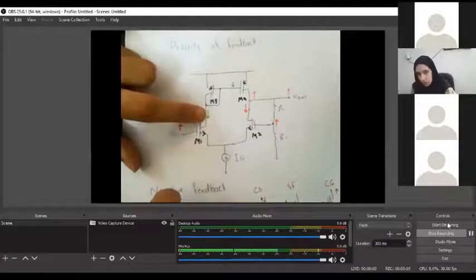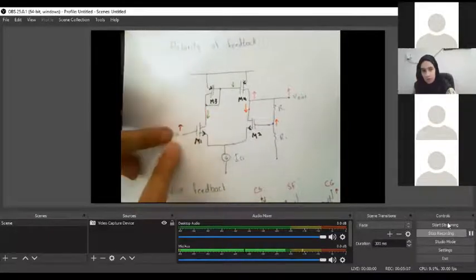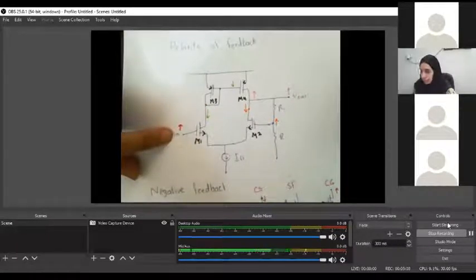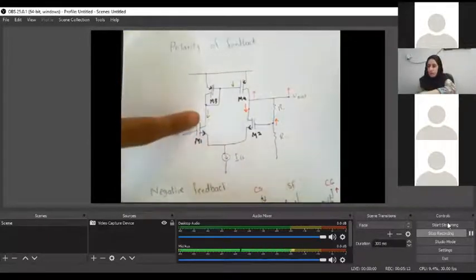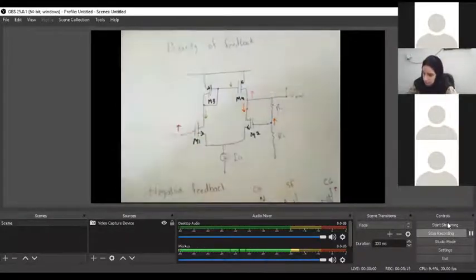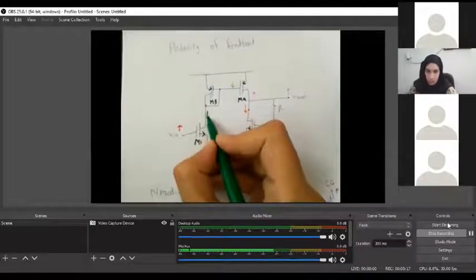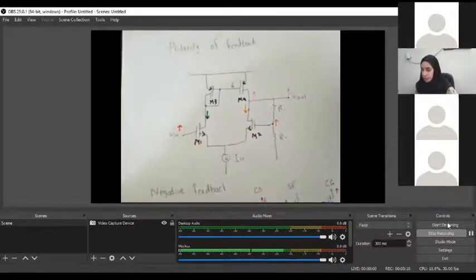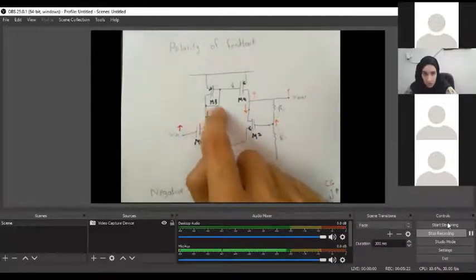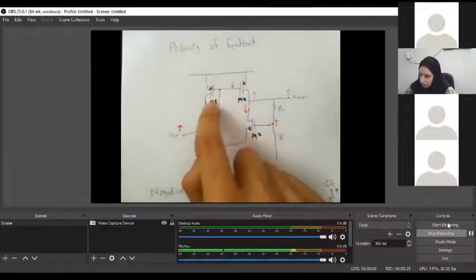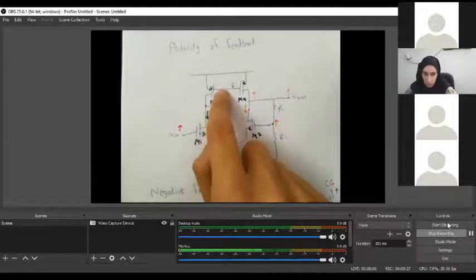According to what we just said, if I increase the input, the output is going to go down because it's a common source. Now this point is the same as this point here; there is a wire connecting them together.